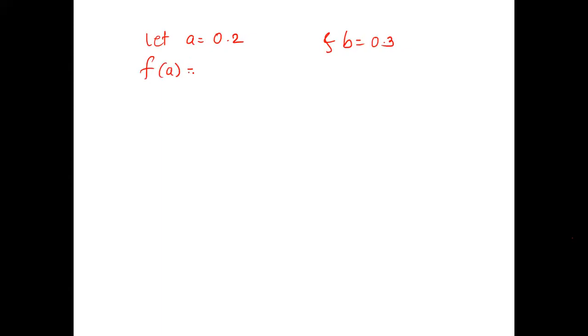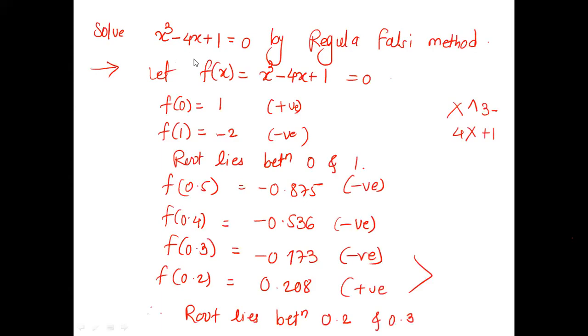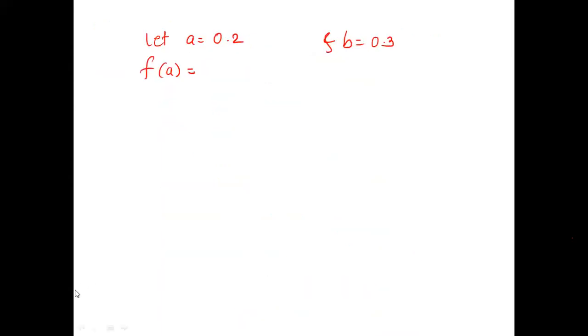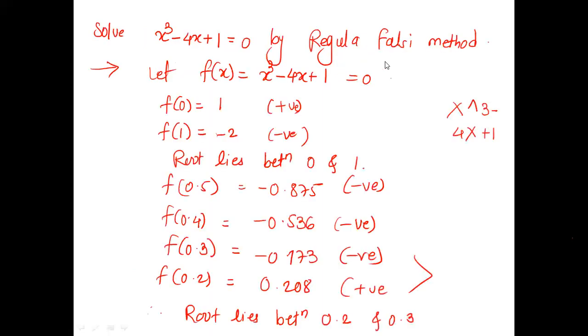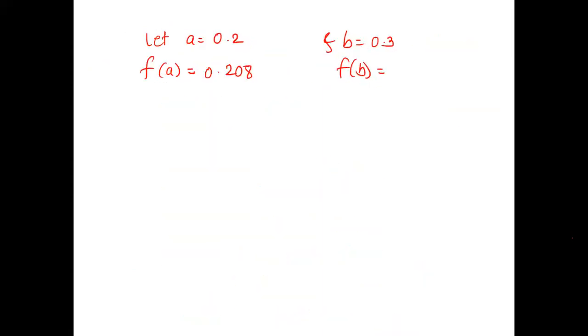What is f of A? 0.208. And what is f of B? Minus 0.173. Correct, no? Okay, so by the regula falsi method.